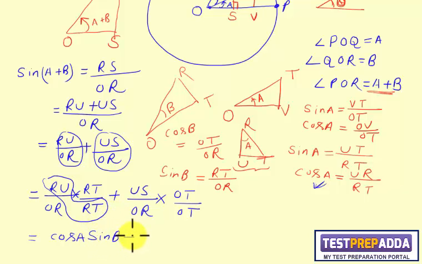Sine B plus. Now look here. OT upon OR. Where is OT? Here. OR. This is cos B. Into what is US upon OT?